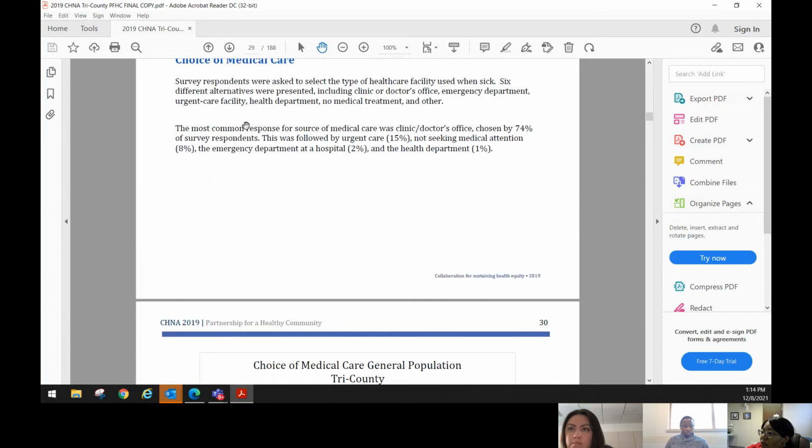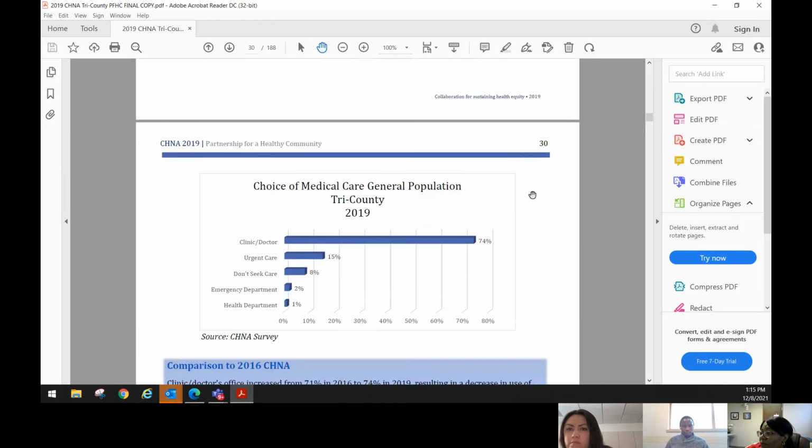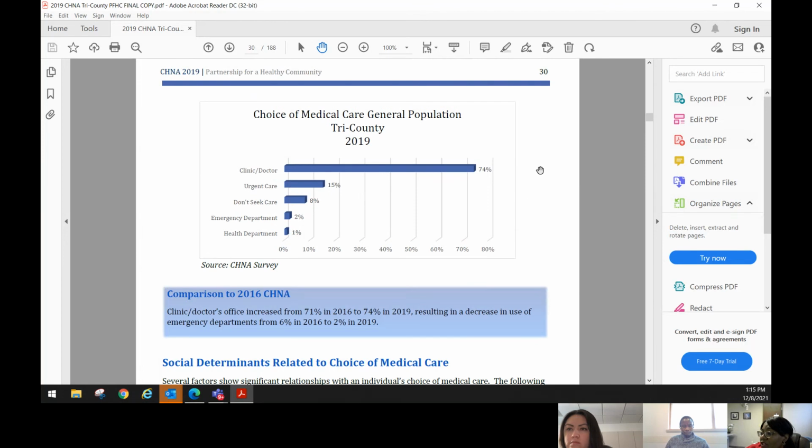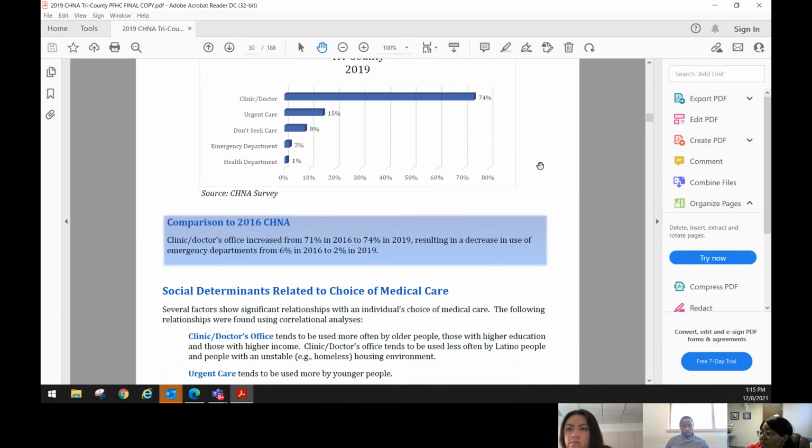And the data showed that the most common response was clinic and doctor's office, chosen by 74% of the respondents. Urgent care was second at 15%. Not seeking medical attention was at 8%, and emergency department at 2%, and the health department at 1%. So that's just a chart of what that looks like.